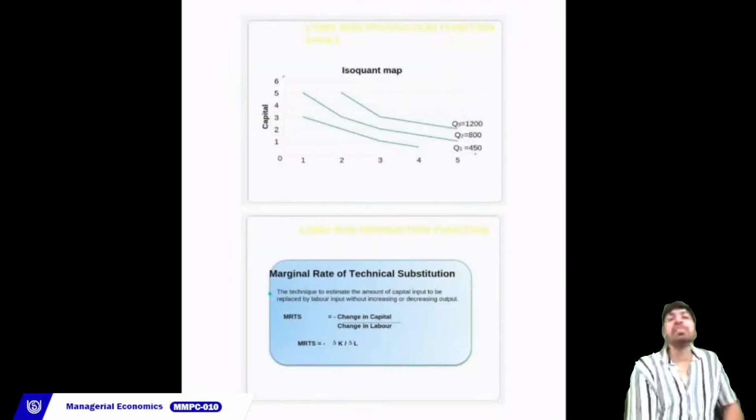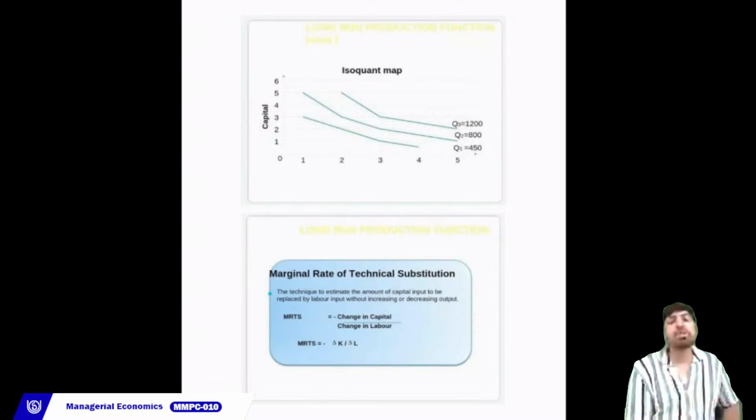The next concept is the isoquant map. An isoquant map shows a combination of isoquant curves that yield 450 units, 600 units, 800 units, and 1200 units.